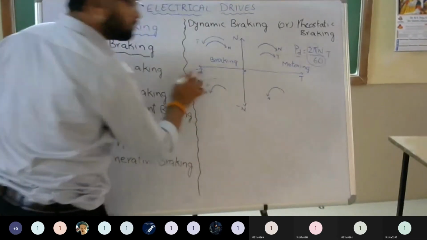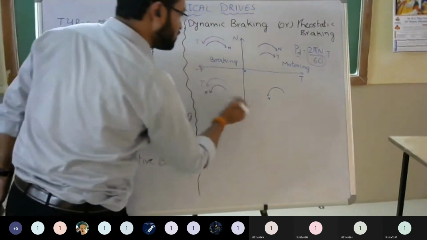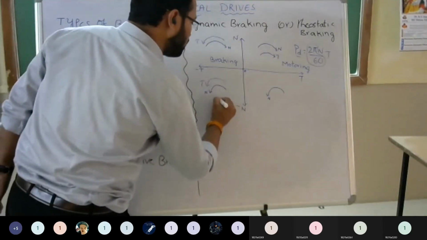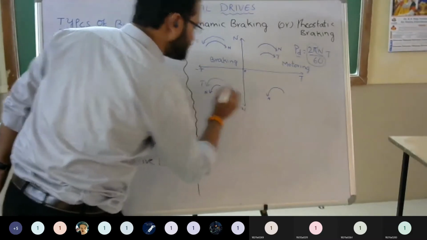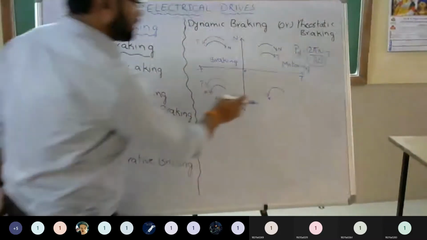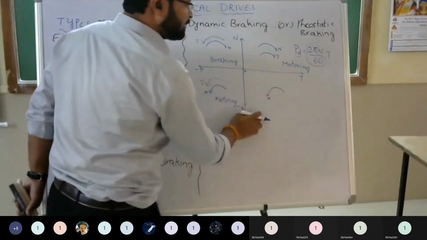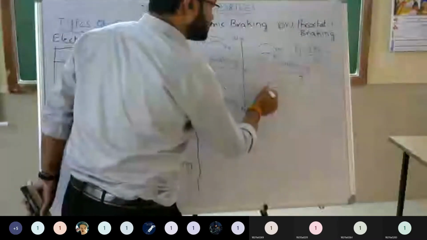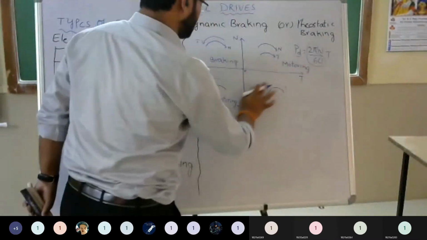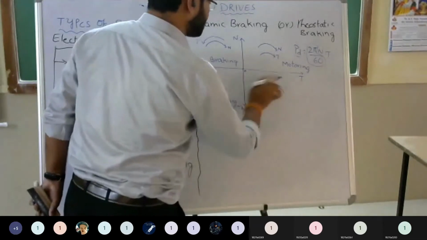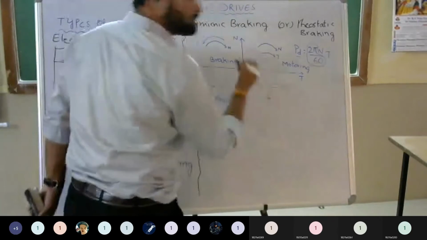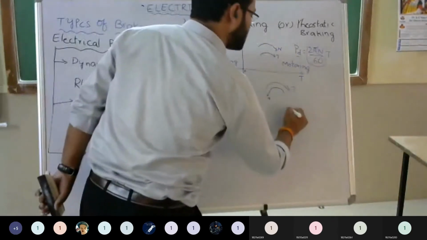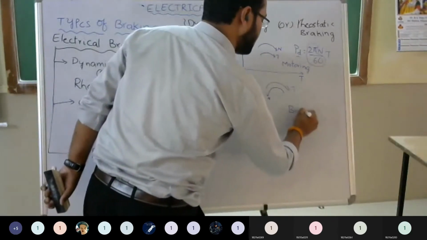Negative into negative is positive, so this third quadrant is motoring. Here speed is negative but torque is positive, that means power is negative, so we will call this quadrant braking.